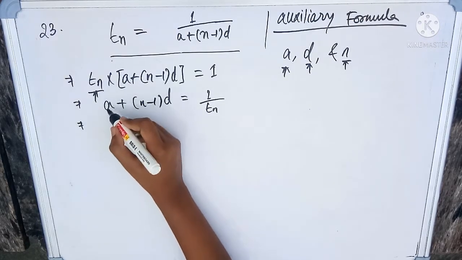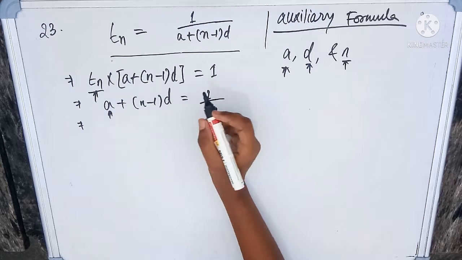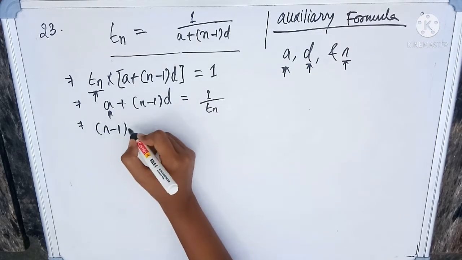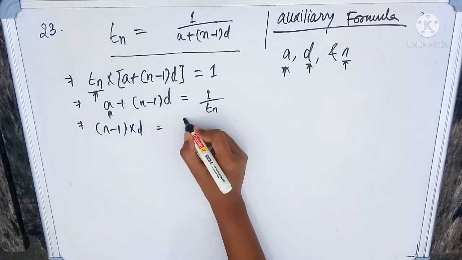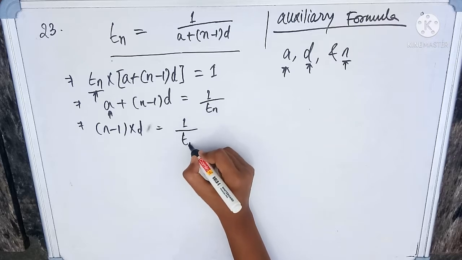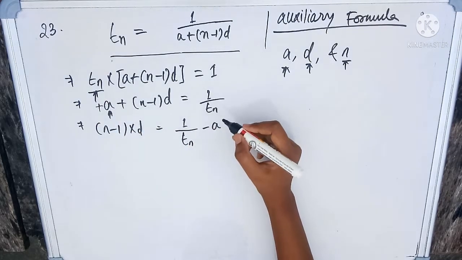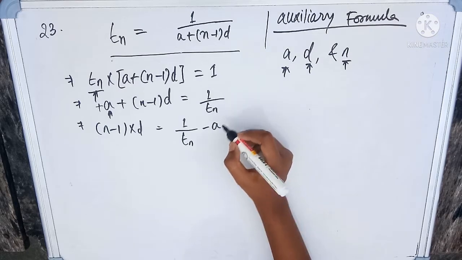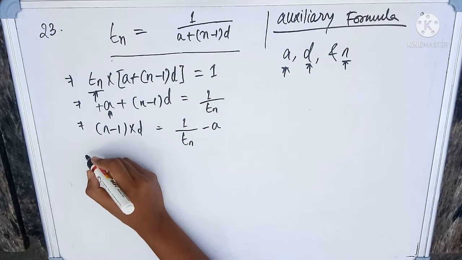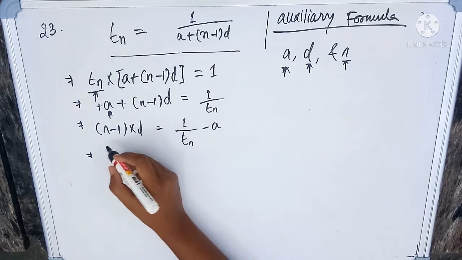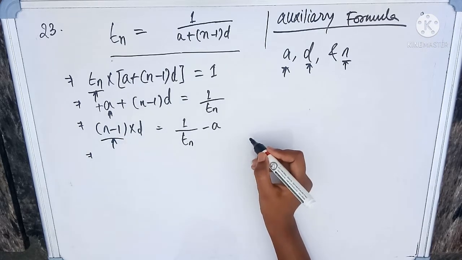Next we have to transfer this a to the other side. So we have n minus 1 multiplied by d is equal to 1 divided by t of n minus a, because we have here a as positive. When we transfer this to the other side, it will turn into negative. And now next we have to transfer this n minus 1 to the other side.